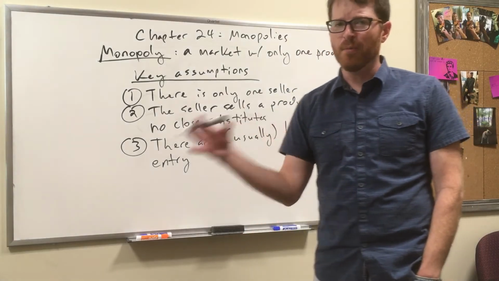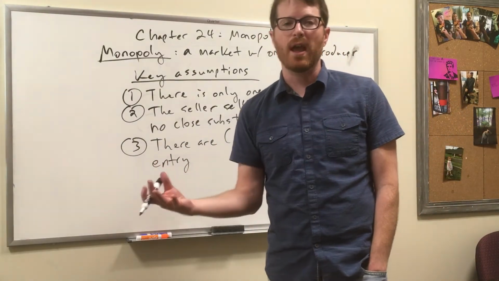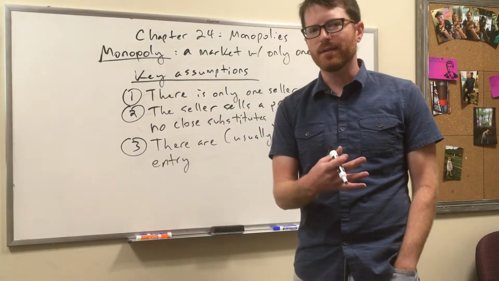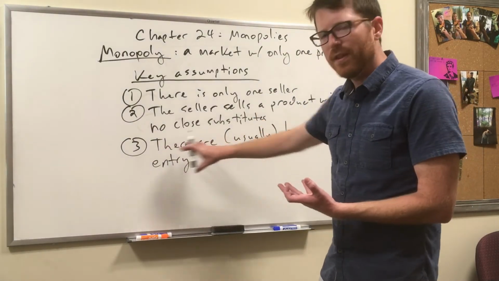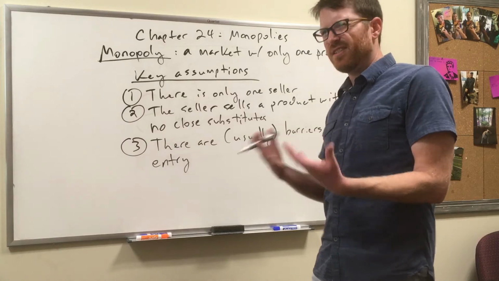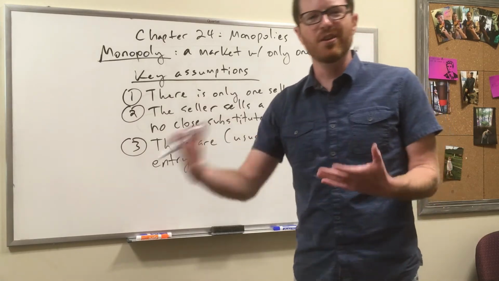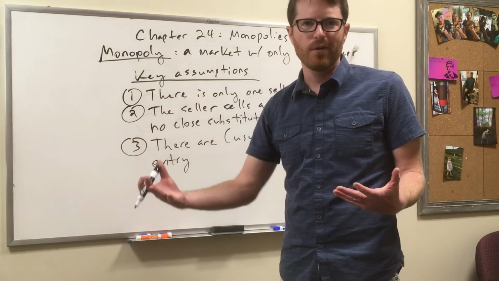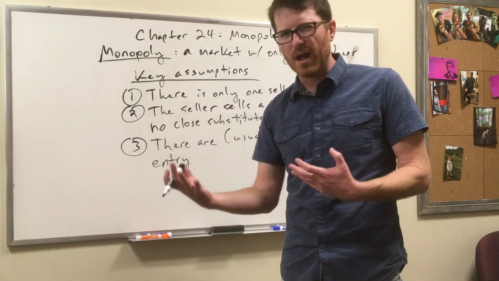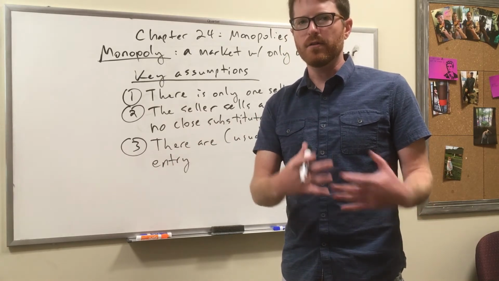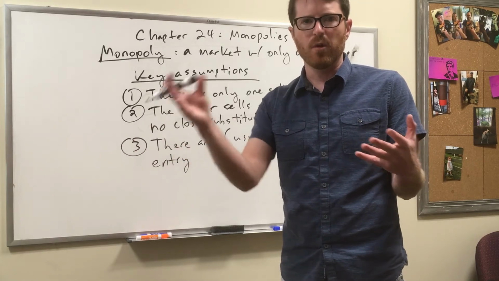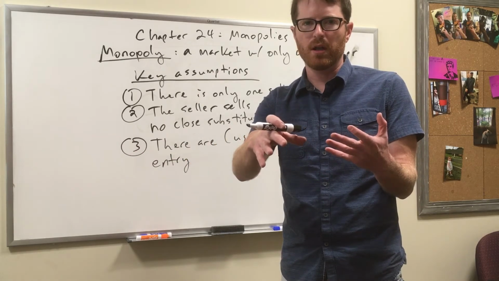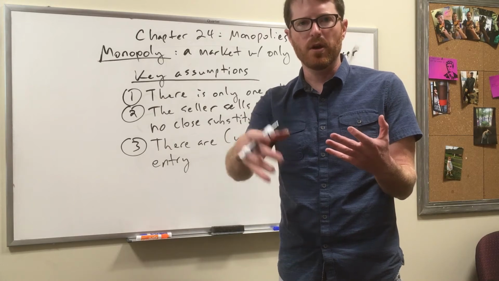If you go to a small town, for example, and they only have one gas station, that gas station is a monopoly of sorts, but it doesn't really hold with this assumption. And the logic there is that another gas station could open up if they wanted to, so it's kind of hard to decide if they're a true monopoly or not. If we're going to use the most stringent definition, technically they're not, because another firm could easily move into that market, right? They could freely enter the market.